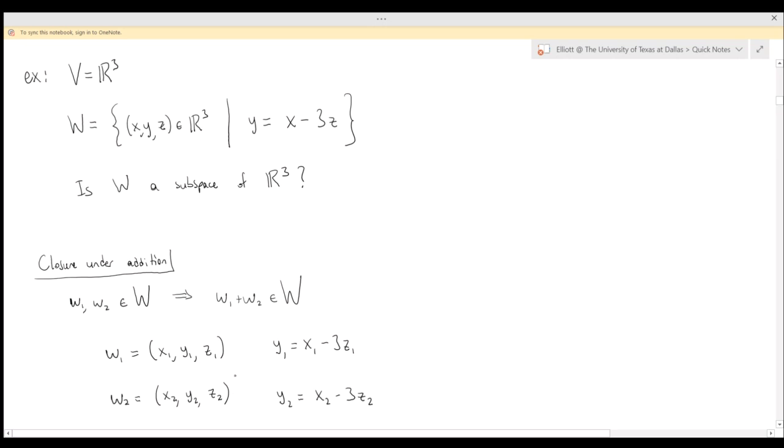So first things first, I'll go ahead and add them together. All right, so addition is just the usual component-wise. So it's x1 plus x2, y1 plus y2, and z1 plus z2.